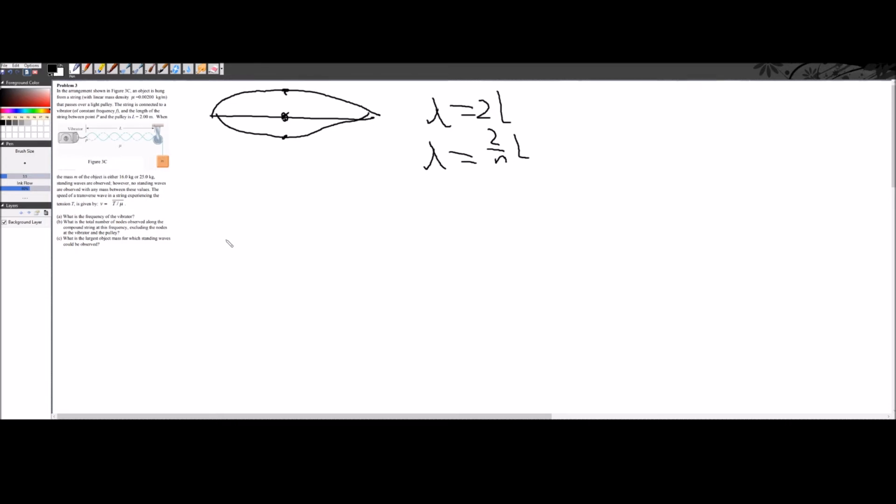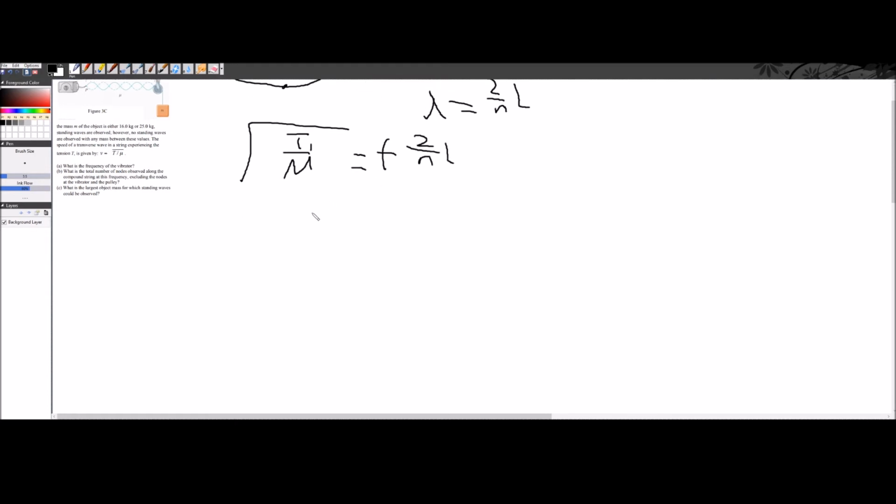So we can write two equations. We know the frequency is fixed, so it's constant, and the velocity is the square root of T over mu. For the first equation, we can write the square root of T1 over mu, and mu is constant, equals the constant frequency times the wavelength, which is 2L over n.